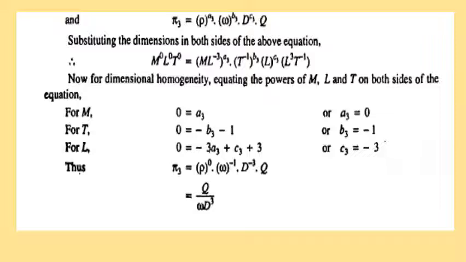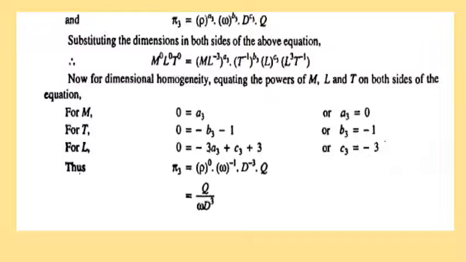So now you get the values of A3, B3 and C3. For example, for M, the left hand side is 0. On the right hand side, the M is from density, taken as A3. There is no M term in the other expressions, so A3 is equal to 0. In a similar manner, you find the powers of T as well as L. So now we have A3 equal to 0, B3 equal to minus 1, C3 equal to minus 3.